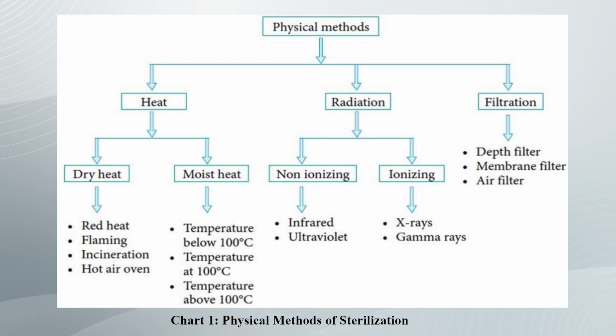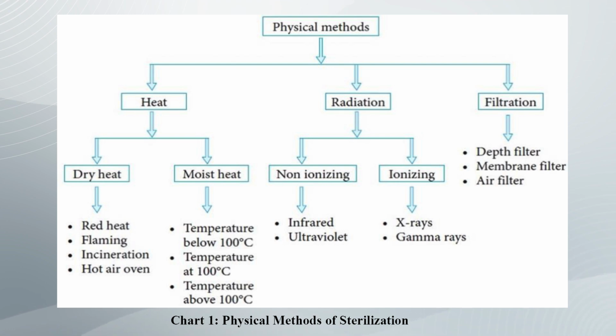In heat, we use both types of heat, dry heat and moist heat, which we see in that particular table or chart. Red heat, flaming, incineration, and hot air oven are the dry heat methods, and for moist heat we use temperatures below 100 degrees Celsius, at 100 degrees Celsius, and above 100 degrees Celsius.